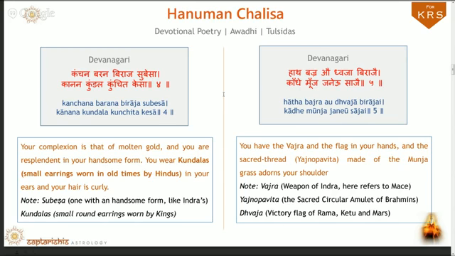Now the next thing says Hat Vajra or Dhvaja Biraje Kande Munja Janebu Saje. Okay? This is the 5th prose. Vajra here means it is like the weapon of Indra, the Vajra, the thunderbolt.